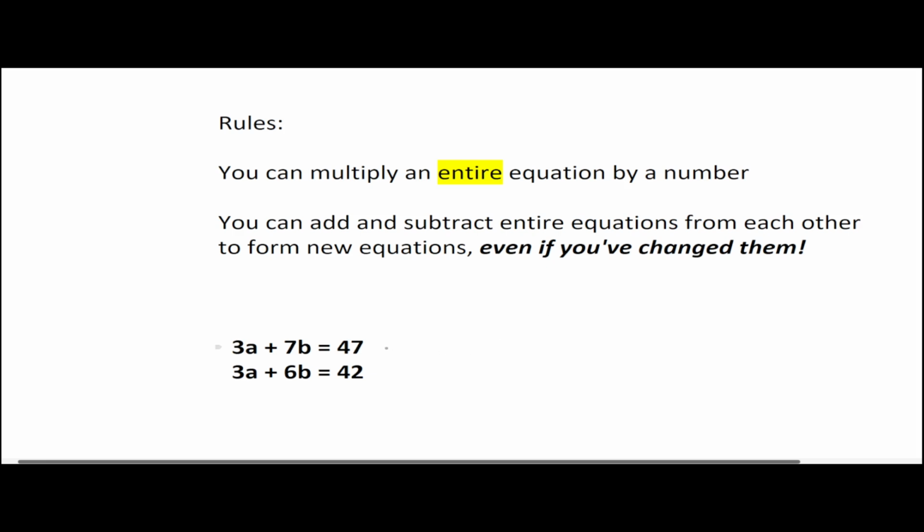Well, let's take this top equation here, 3a plus 7b equals 47. And we want to multiply that by 2. We would get 6a plus 14b equals 94.